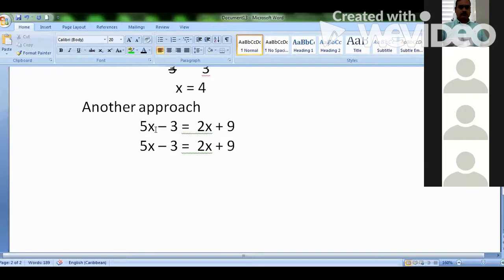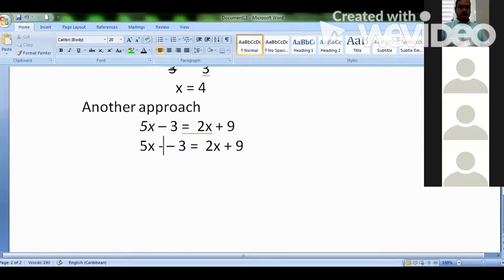How do I get rid of 5X on the left? By subtracting 5X on the left. And if I do it on the left, I have to do it on the right.